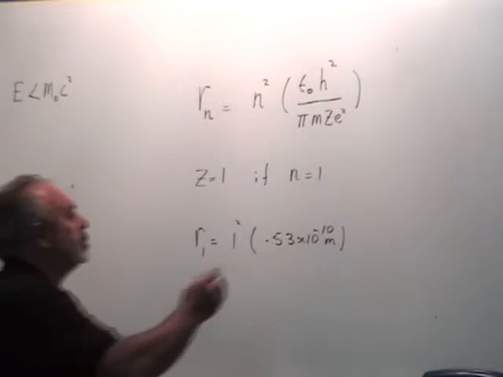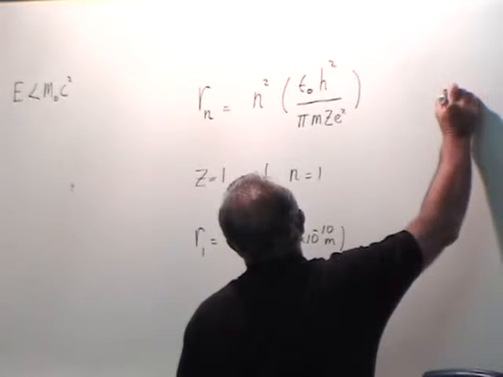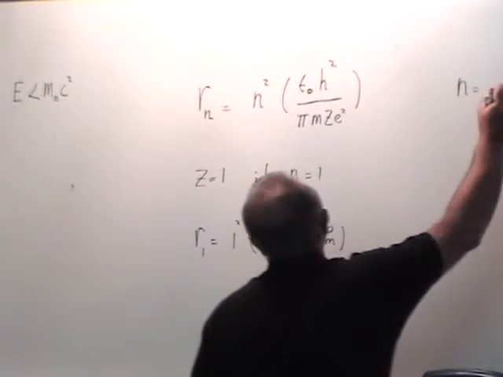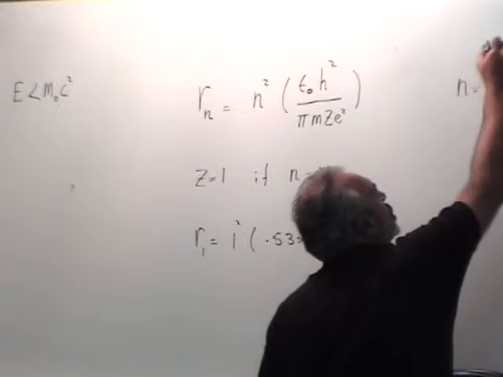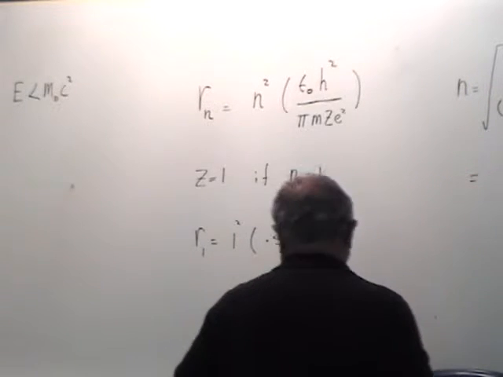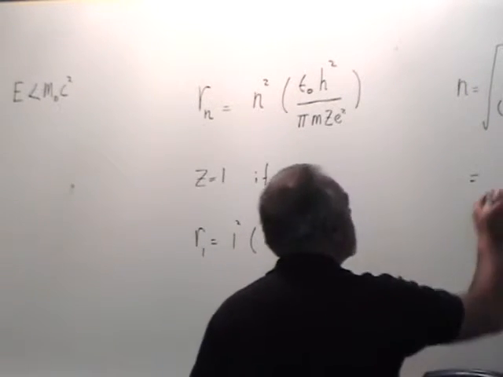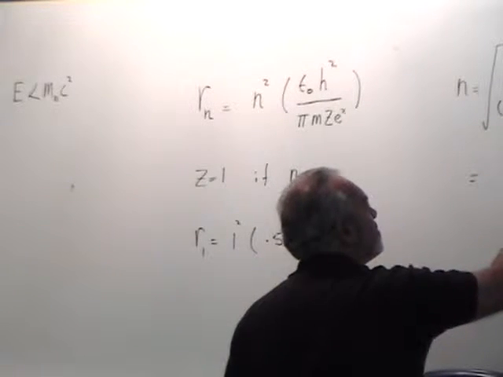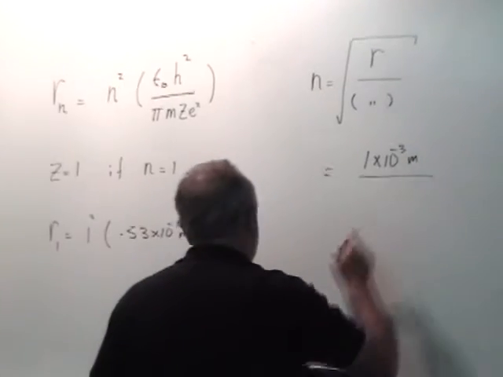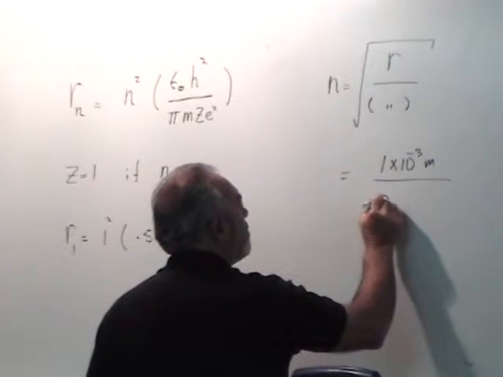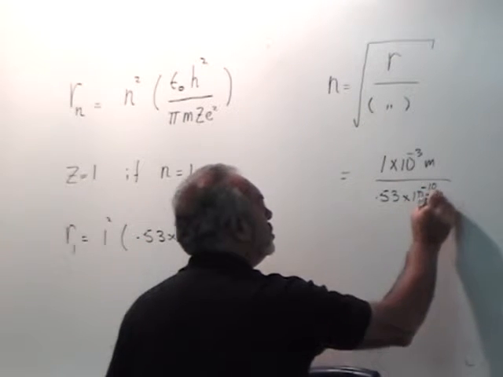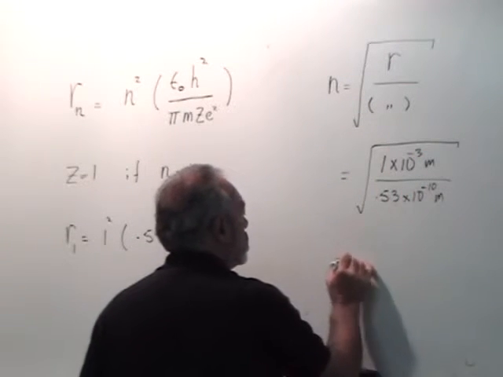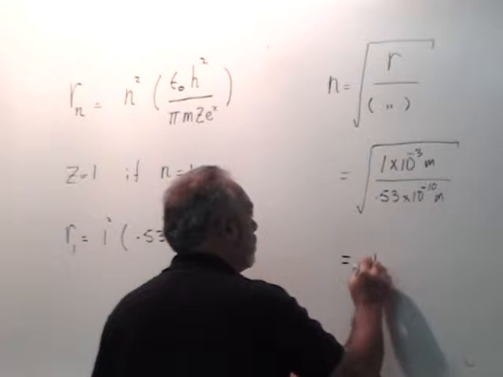So, n is going to equal r over this thing, and forgive me for not writing it, under the square root, which, what did I say, 1 times 10 to the minus 3, divided by 0.53 times 10 to the minus 10, under the square root, and I got 43.